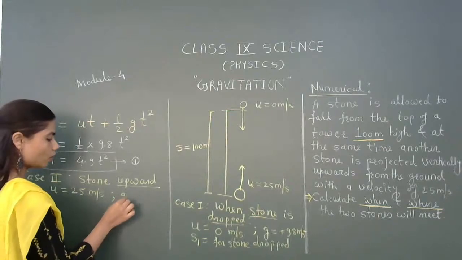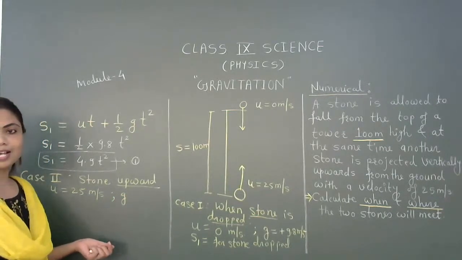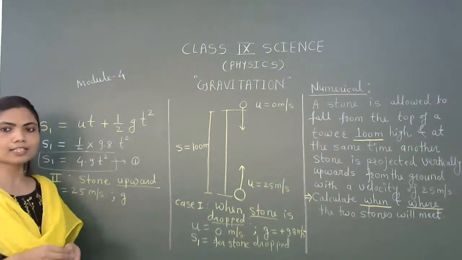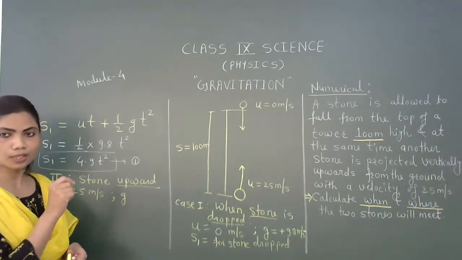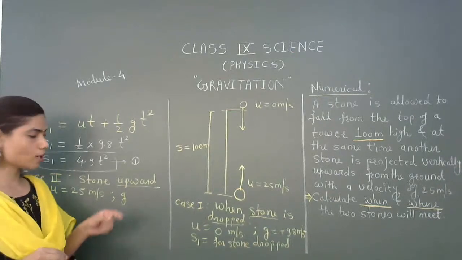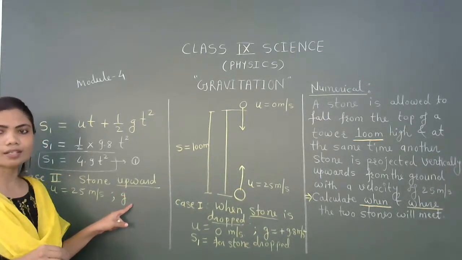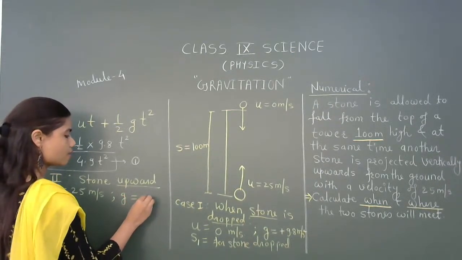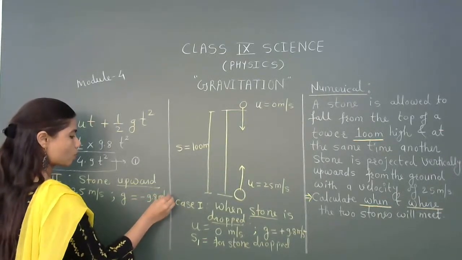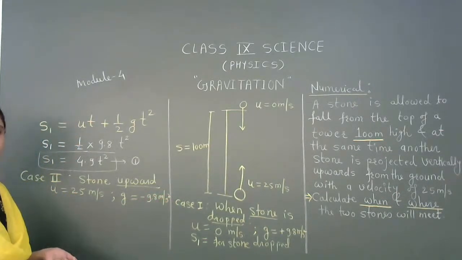What will be g? You have to be cautious here along with the sign conventions, because when you are throwing any object upward, it is moving opposite to the motion of gravity. Means it will be moving upward, and for this condition, g will be negative. Means g is minus 9.8 meter per second square. We have learned these sign conventions already.